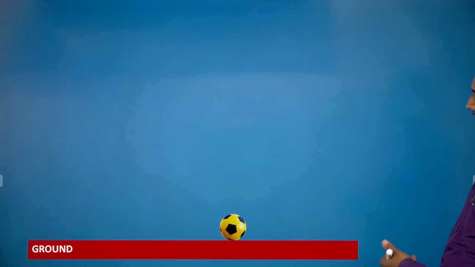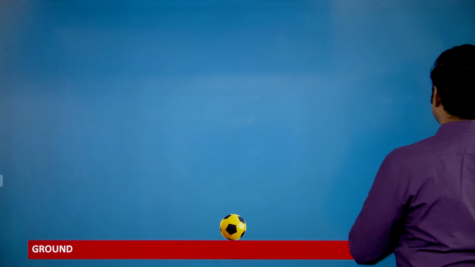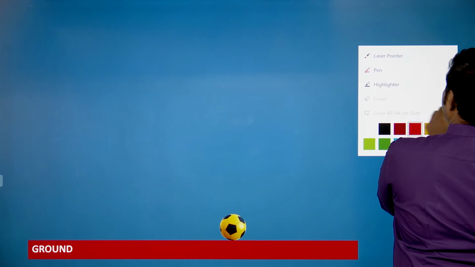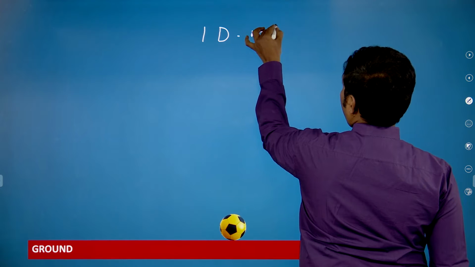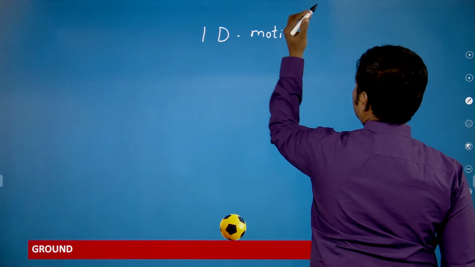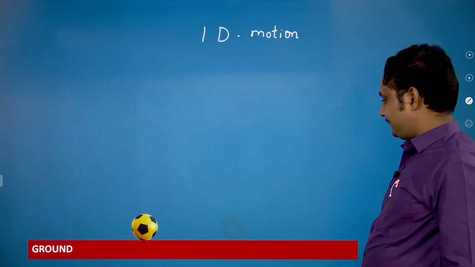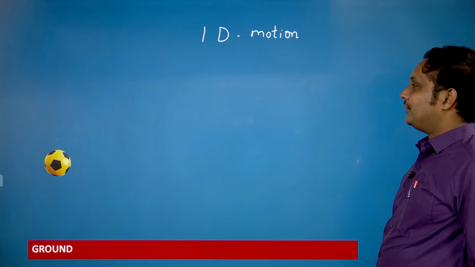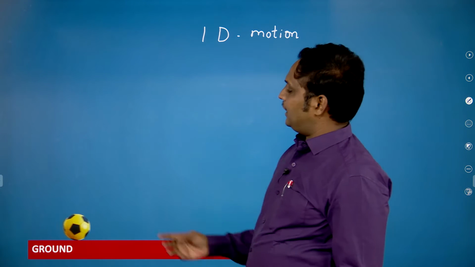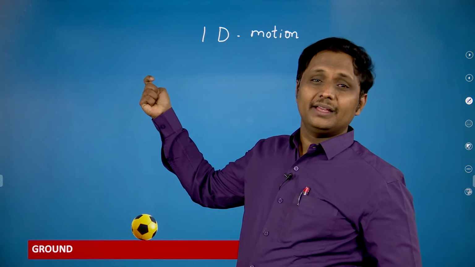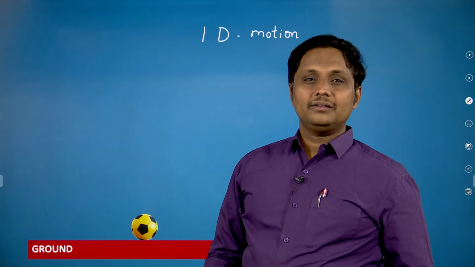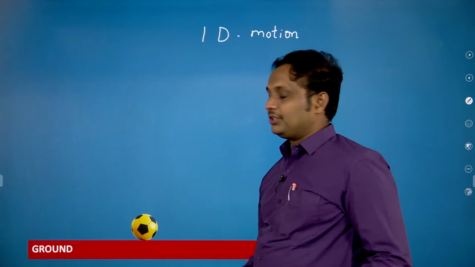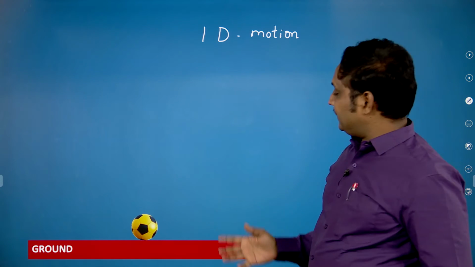Along 1D, it may be along the x-axis or along the y-axis. So for 1D motion, you have to confirm this. When a body is allowed to fall down due to the Earth's gravitation, we have to see it with the external force.